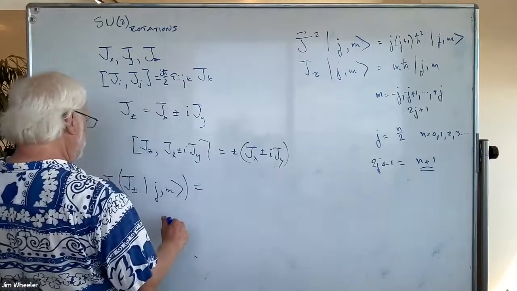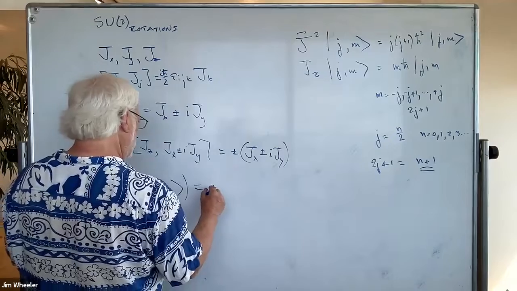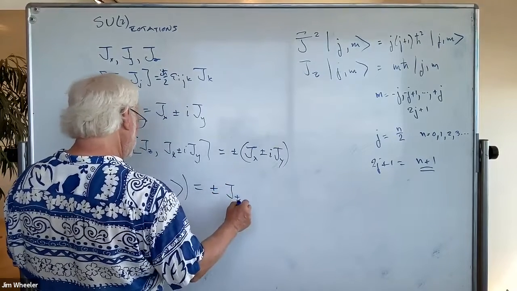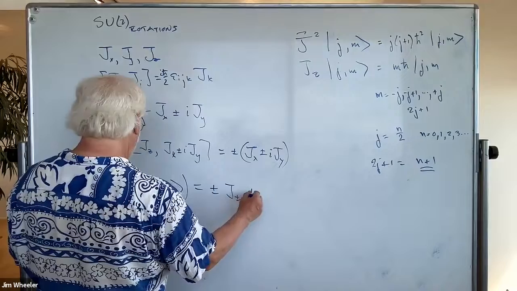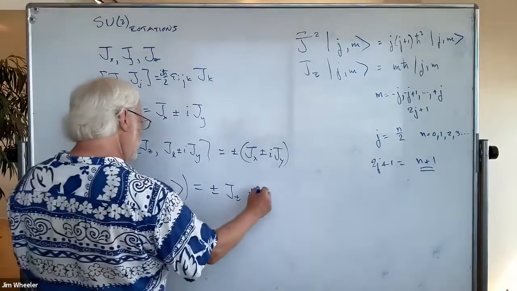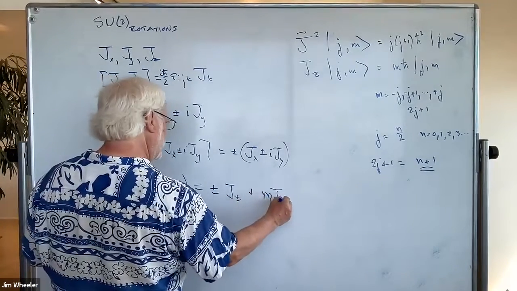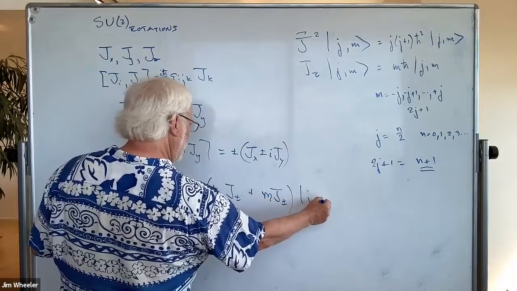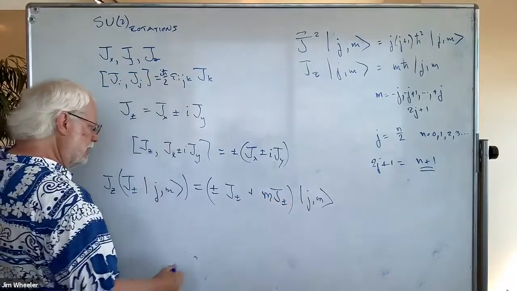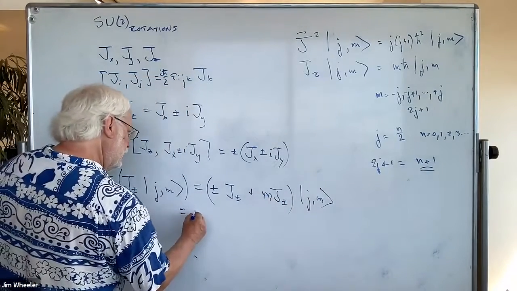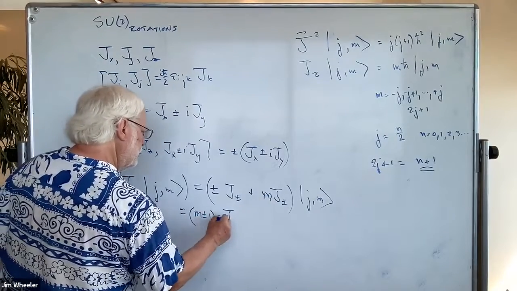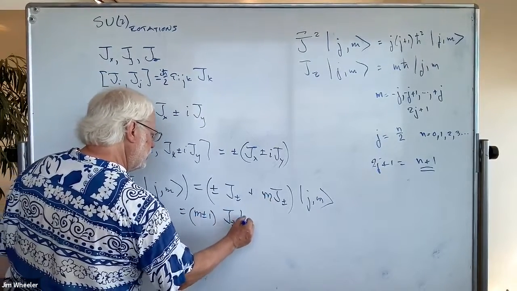That's the commutator of these two, which is plus or minus J plus or minus, plus these two acting in the opposite order will just give us an M times J plus or minus, which is M plus or minus 1 times J plus or minus acting on the Jm state.